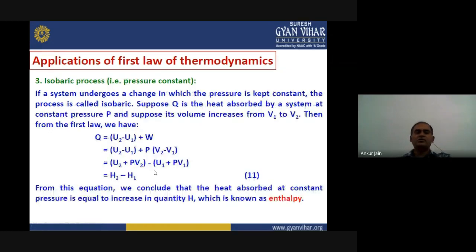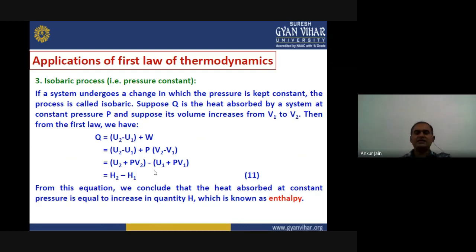Now we will go to the third process, or third application, we are considering here: the isobaric process. An isobaric process is where the pressure is constant. So any system which is going from one state to another state when the pressure is constant, that process is known as an isobaric process.